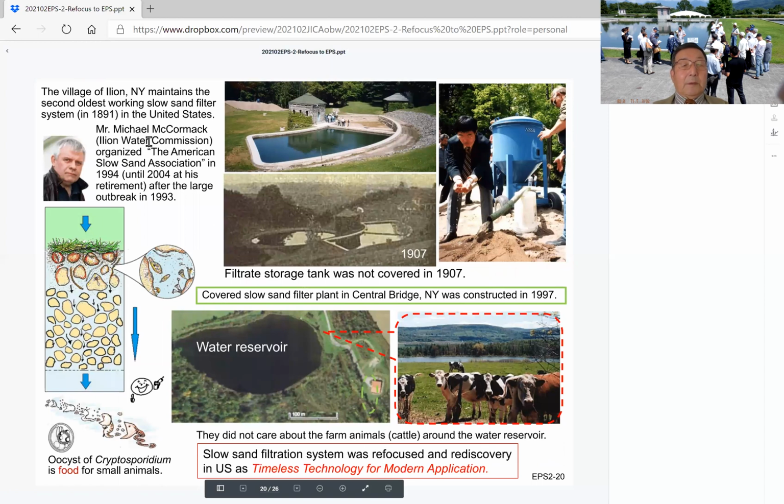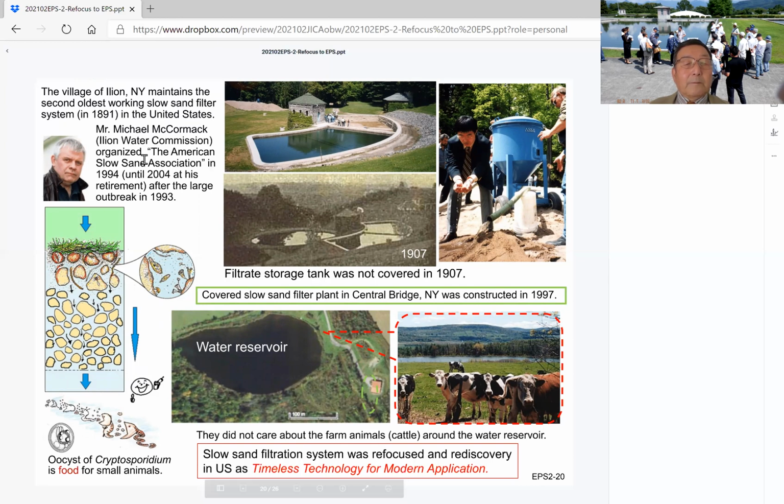And the dormant spores could not be killed with chlorine. And I visited the second oldest slow sand filter plant. That is the village of Ilion, New York, which maintains the second oldest working slow sand filter system. It was built in 1891, United States.